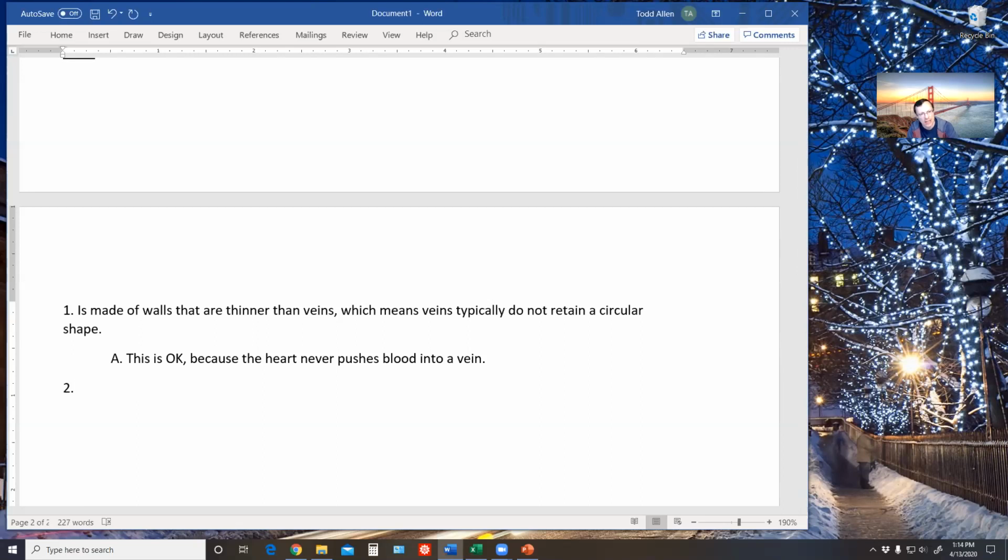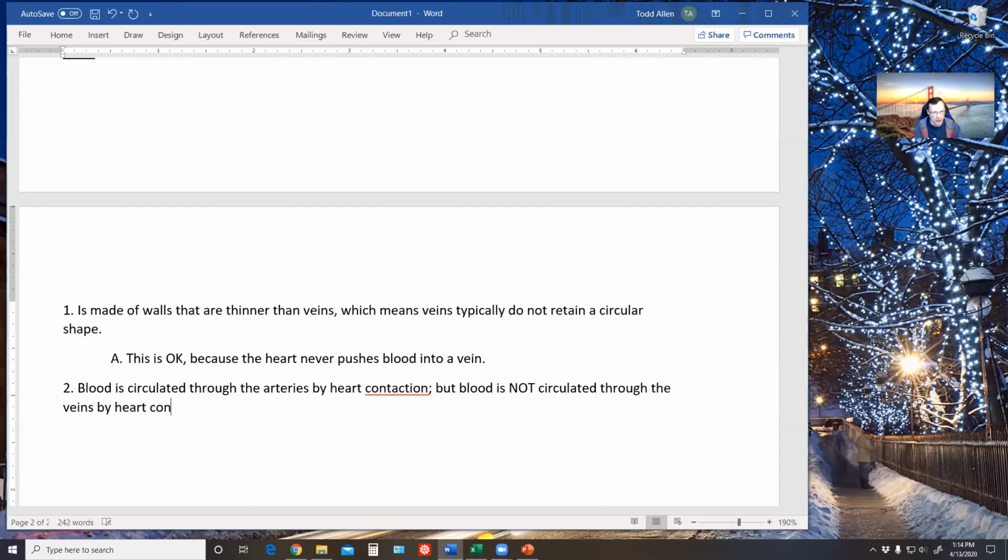Blood is circulated through the arteries by heart contraction. Perhaps we should say that. Blood is circulated through the arteries by heart contraction, but blood is not circulated through the veins by heart contraction.